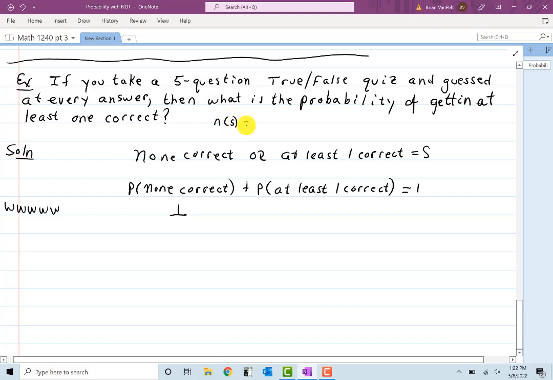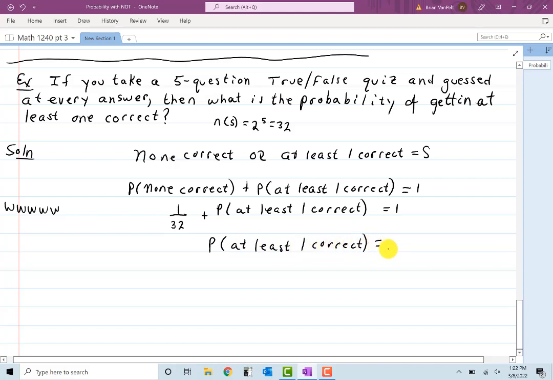N of S equals 2 to the 5th, which is 32. So if I want the probability of at least one correct, I'll subtract 1 over 32. And that, of course, equals 31 out of 32.